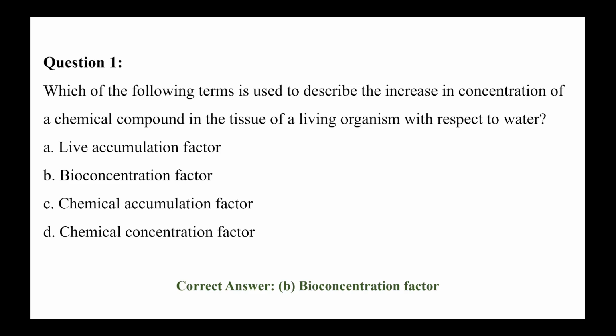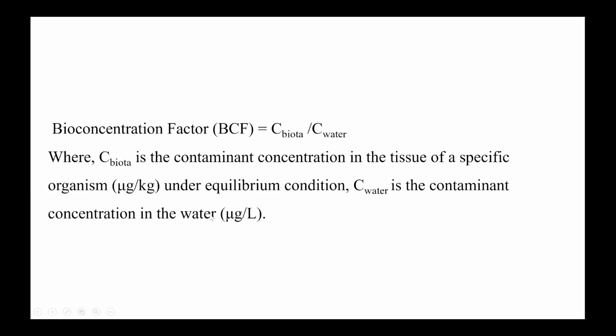So it is the ratio of the concentration of the compound in the tissue of a living organism with respect to the concentration of that same compound in water. Okay, so it is generally written as this. So C biota here denotes the concentration of the compound in the living organism.